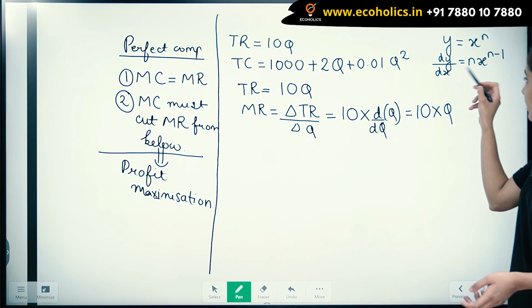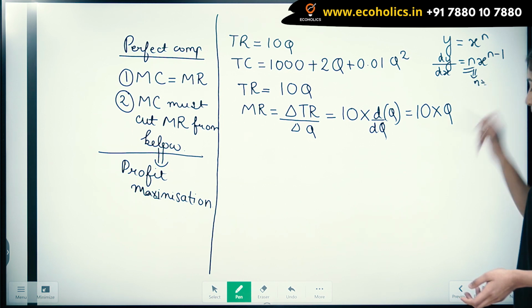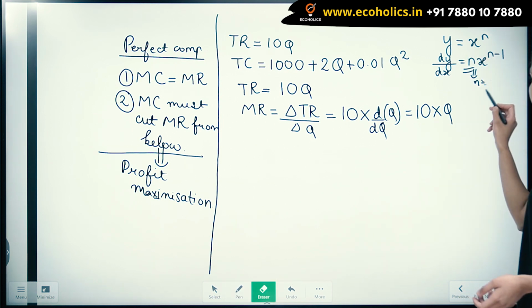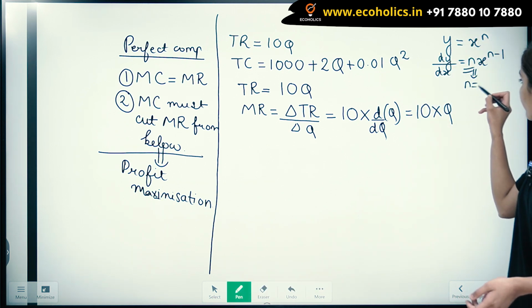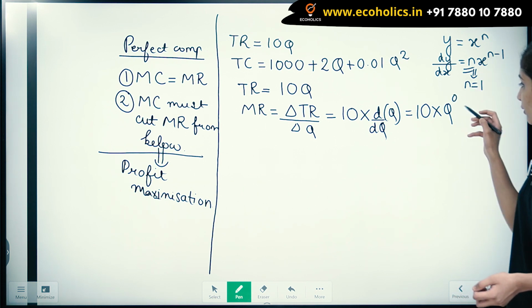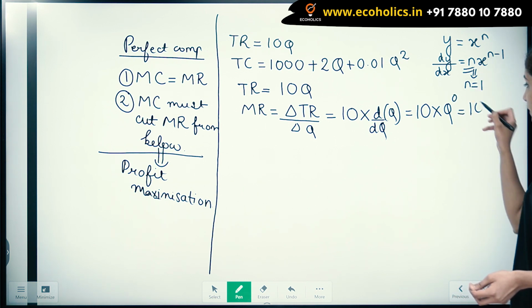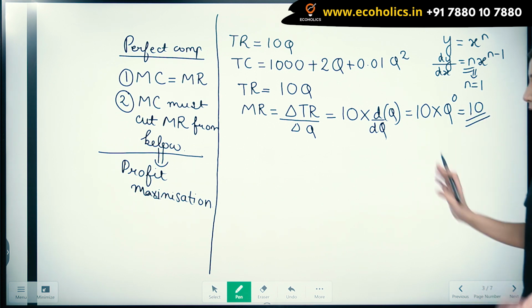So n in this case is 1. So 1 minus 1 gives us 0. So what we get is 10 because q raised to 0 is 1.